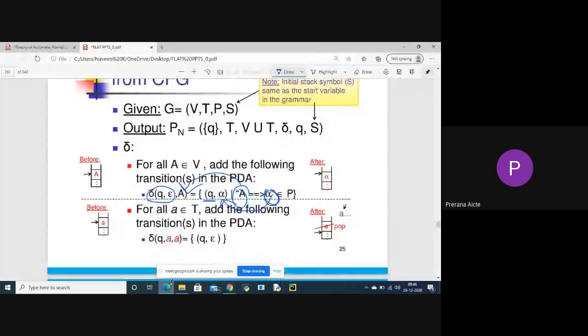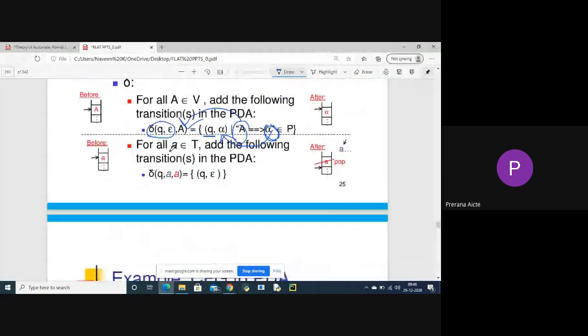Next one. For all small a belongs to T, add the following transitions in the PDA. For example, if you have the terminal symbol in the grammar as a, then we write delta of Q comma a comma a is equal to Q comma epsilon.